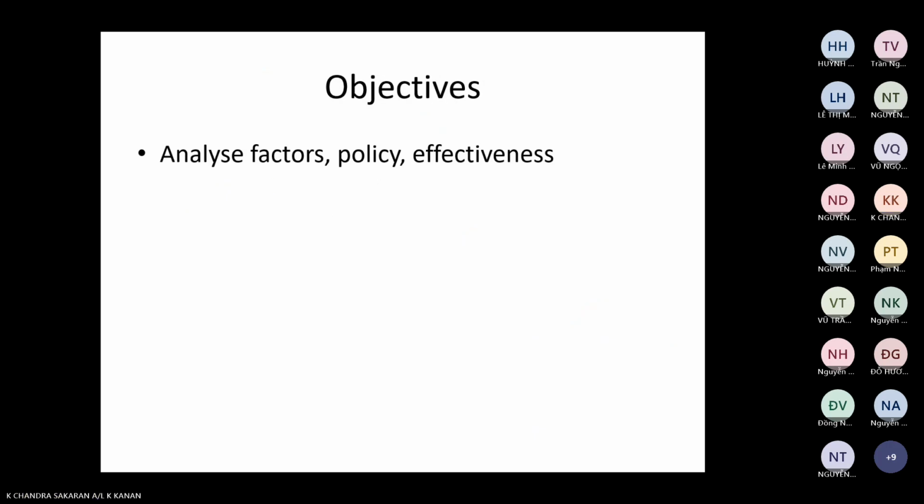Objectives. I already talked about the objective of the monetary policy. What are the objectives? Analyze the factors. First of all, what are the factors affecting the economy? So, for example, if Malaysia is a very open economy, the external sector is very important.